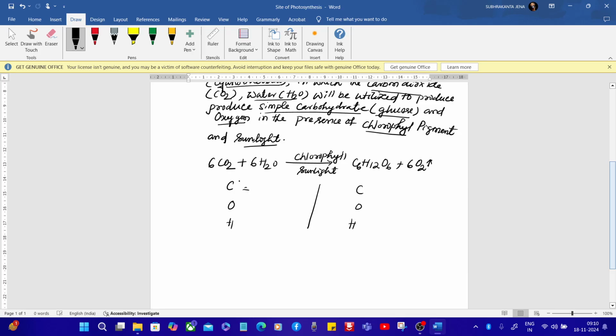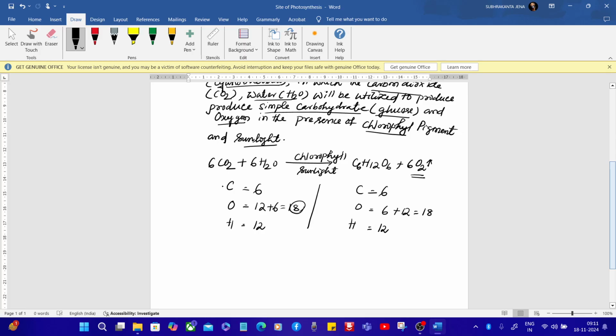So here the carbon number is 6 and here the O number is 12 plus 6, a total of 18 O, and 12 hydrogen atoms are present. Then the number is 6 again for carbon, and O is 6 plus 12, that is 6 into 2, total 18, and the hydrogen number is 12.